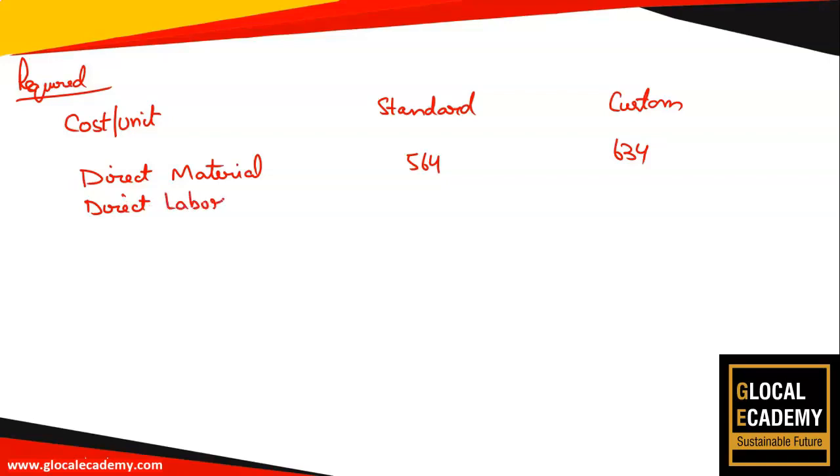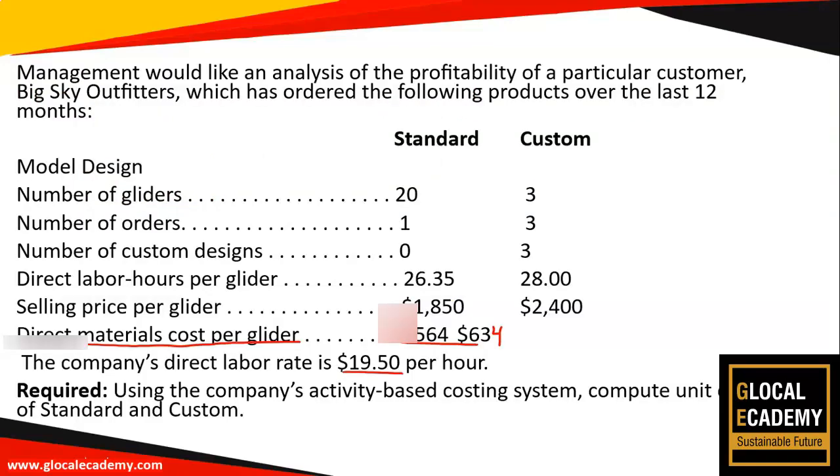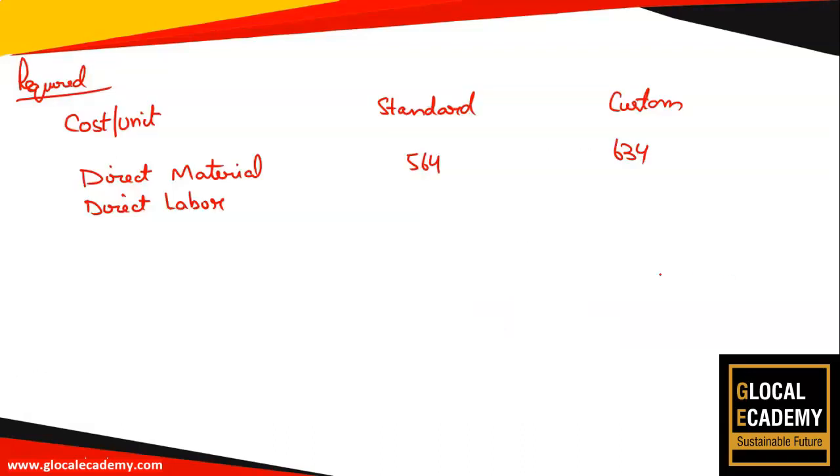The next information I need is of direct labor. Regarding direct labor, it says that for standard they need 26.35 hours per glider, and for custom 28 hours. The hourly rate is given as 19.50. Based on this information, we calculate labor per unit as 26.35, the hours required per unit of standard, times 19.5, the rate of labor.